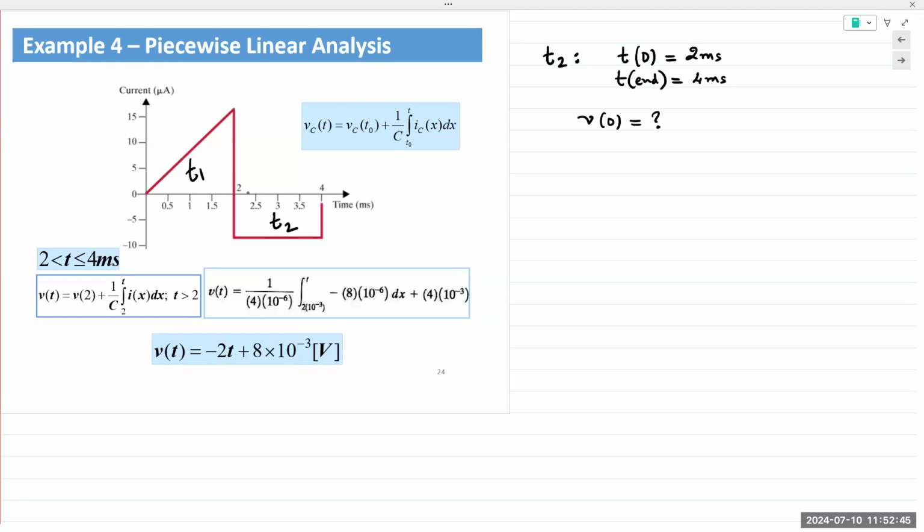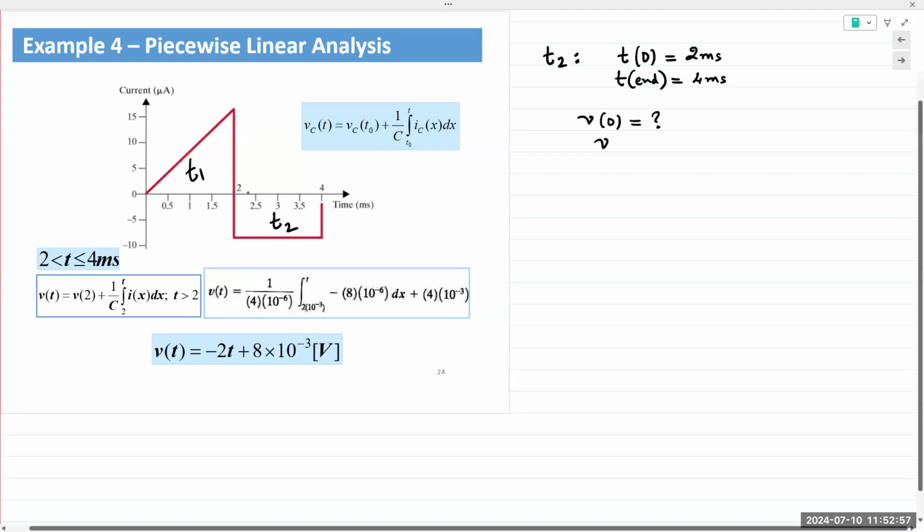So let's do it the harder way, because we are required to teach the meaning of this initial stored energy. V0 in this case would be the voltage present in the circuit at 2 milliseconds.